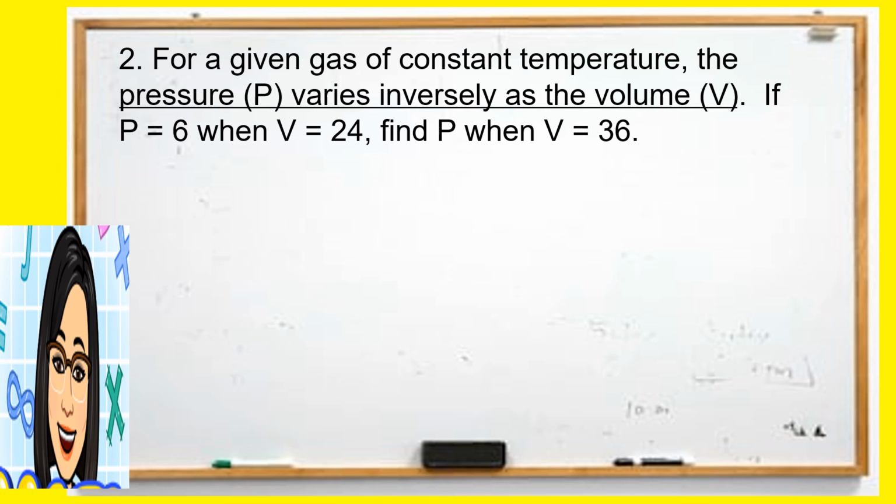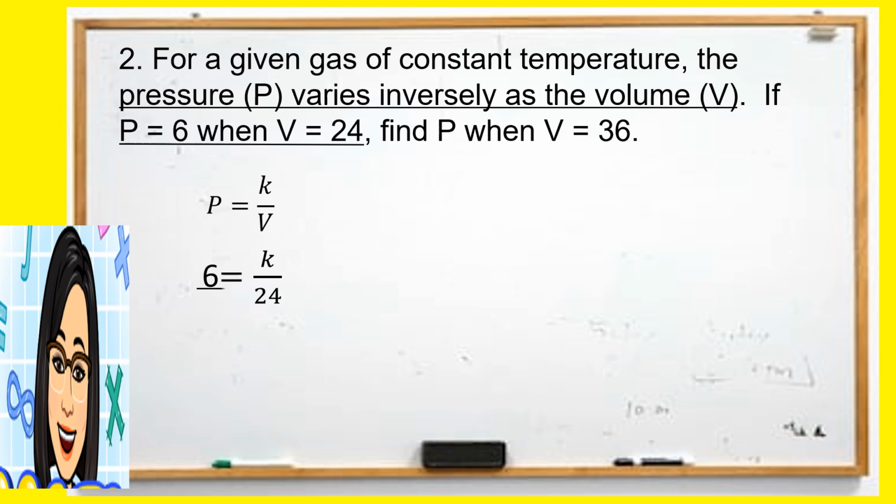Using the statement, pressure varies inversely as the volume, we can write the variation symbol as P equals k over V. From the symbol, let us substitute P equals 6 when V equals 24 to find the constant of variation. It becomes 6 is equal to k over 24.